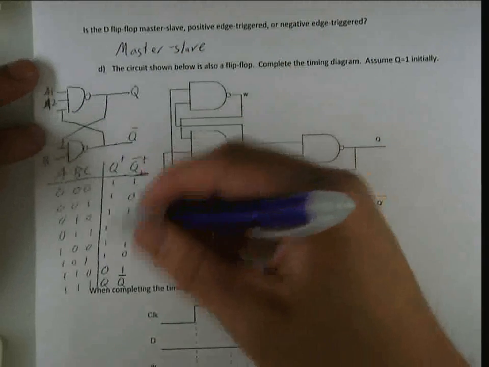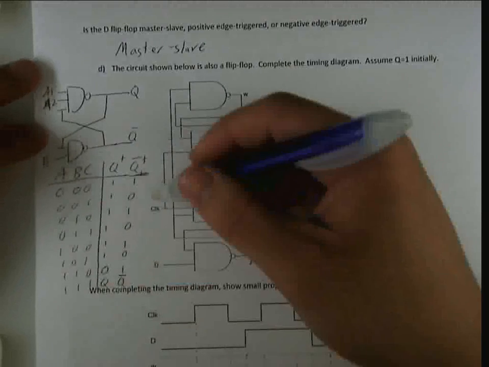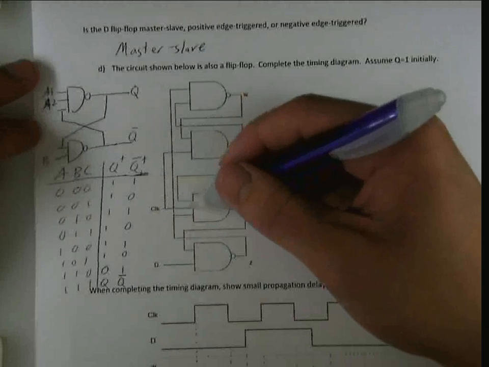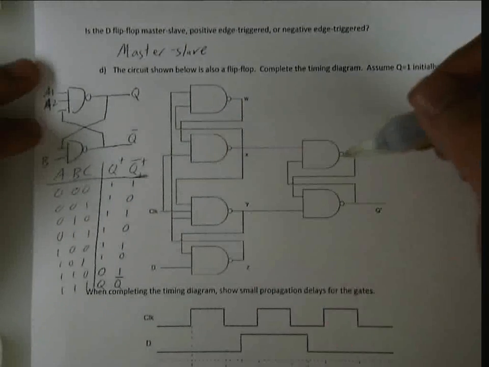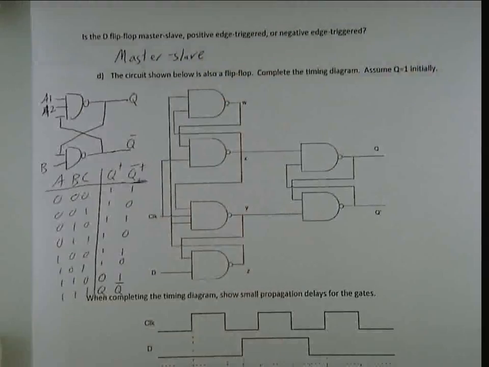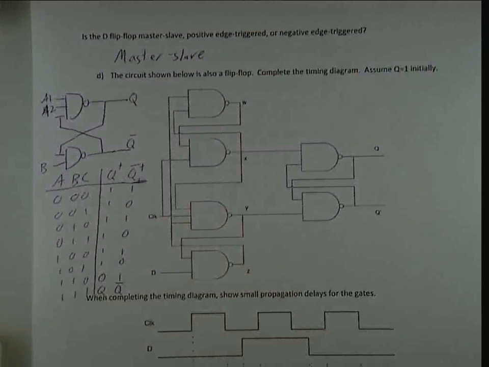And I've explicitly written out how this down here will function. So this is A1, A2, and this is B. I'm going to solve these things in chunks rather than on the individual gate level because the individual gate level is just going to be a pain in the rear, honestly.